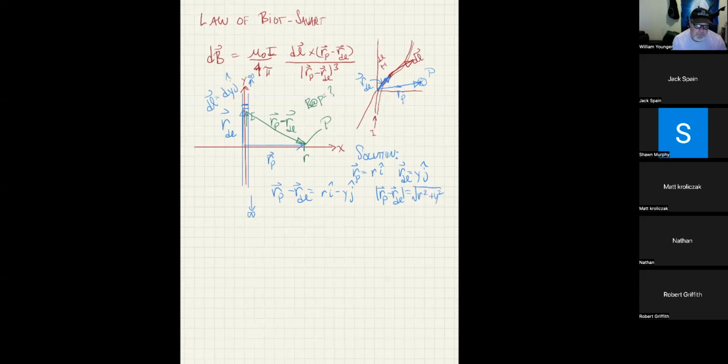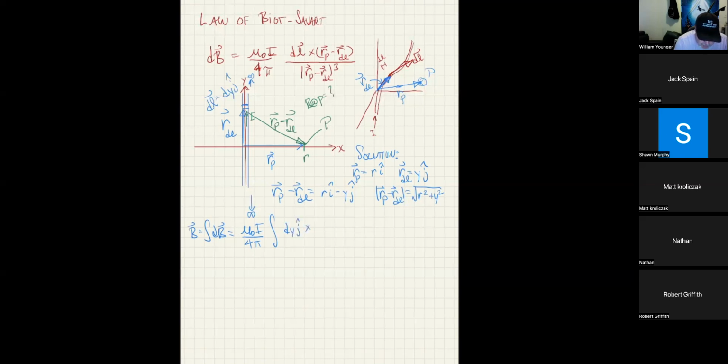Exactly. Okay. So what we know is B is equal to the integral of dB, which according to the law of Biot-Savart is mu 0 I over 4 pi times the integral of dl cross RP minus RDL. So dl is dy j hat.